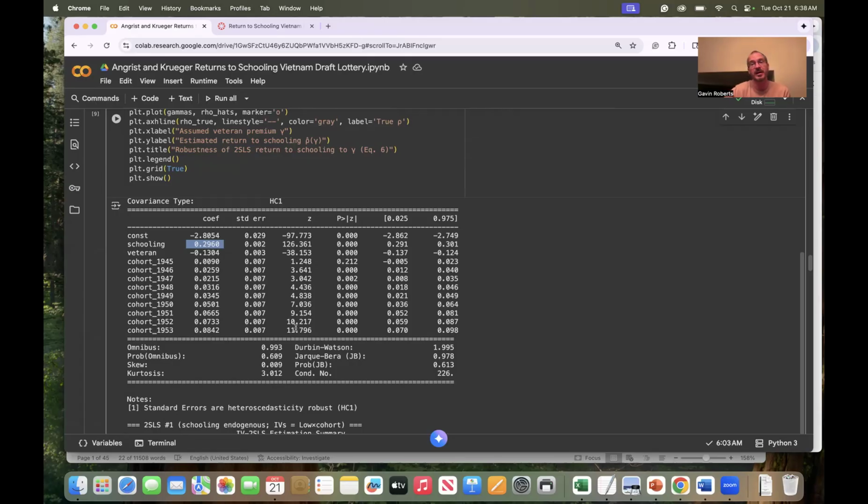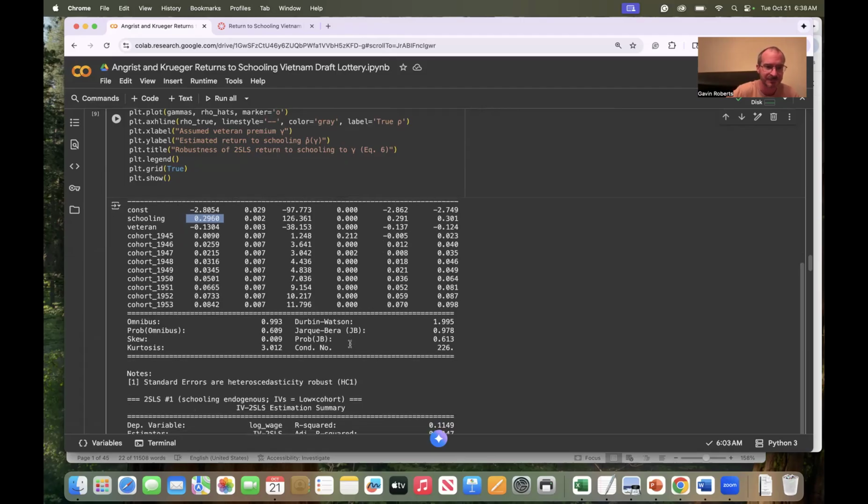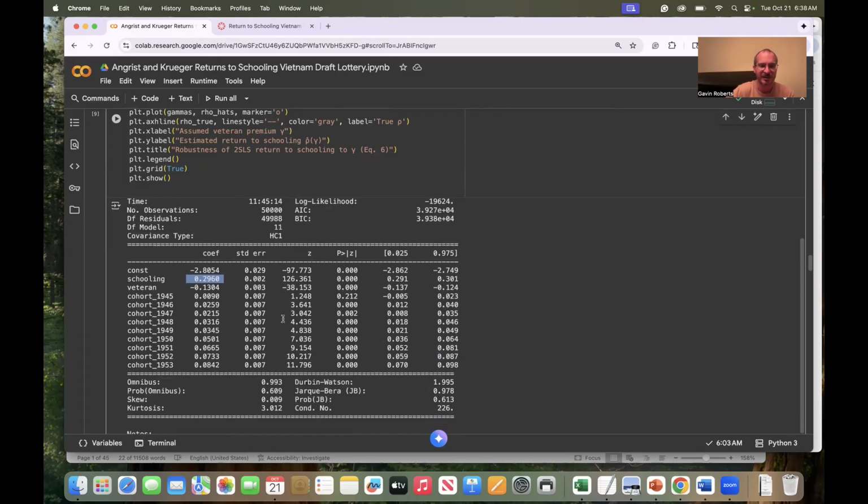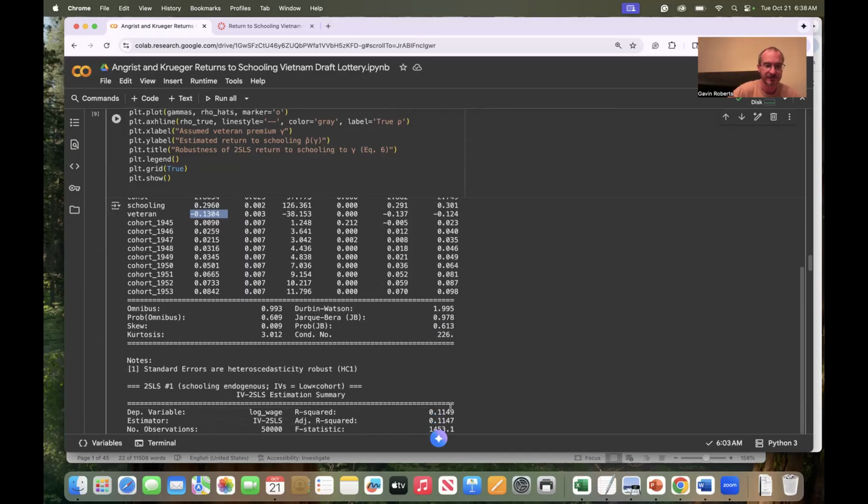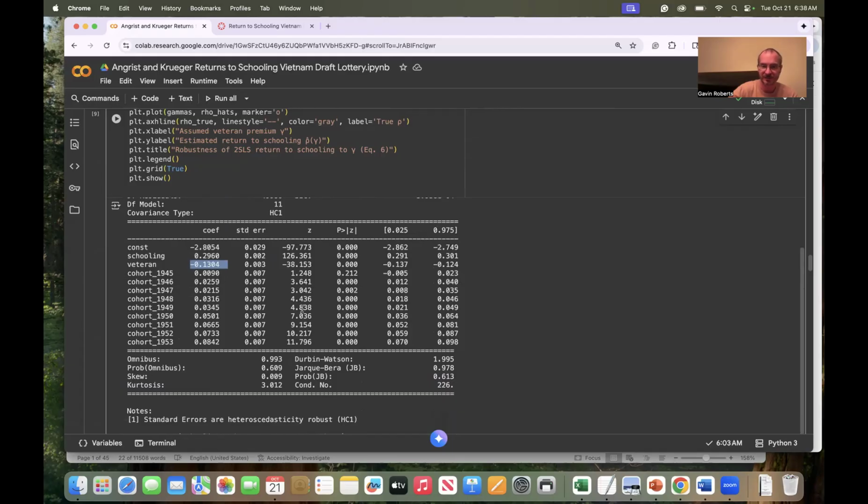So which one of those dominates is an issue in their paper. It's not an issue in our simulation because we made ability bias the key factor. So here's our biased OLS coefficient on schooling. This is also biased away from zero for the impact of veteran status. So both of those are biased results.